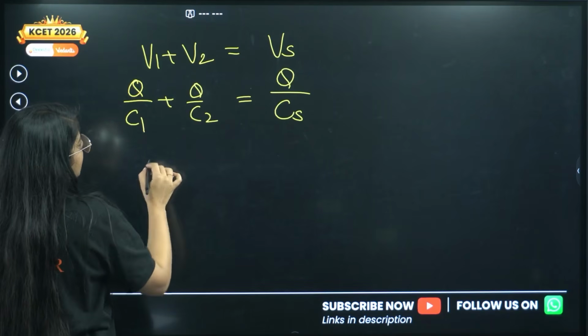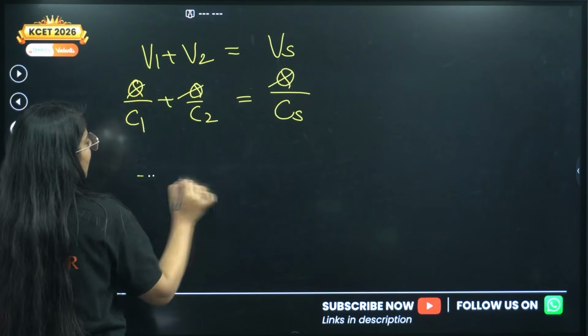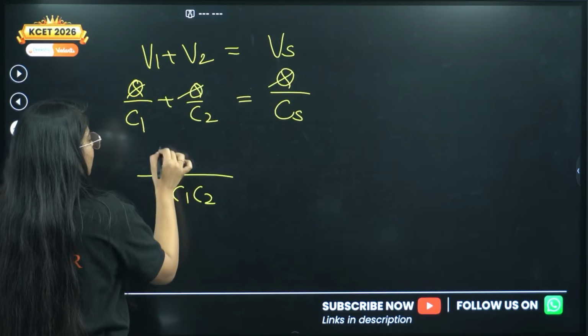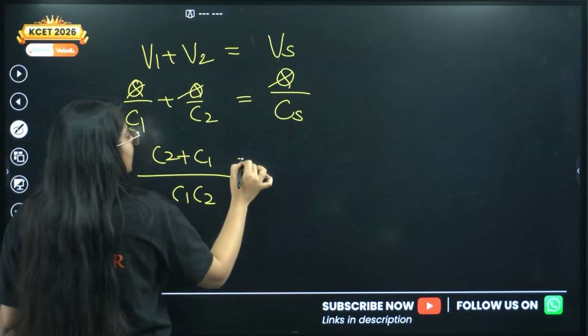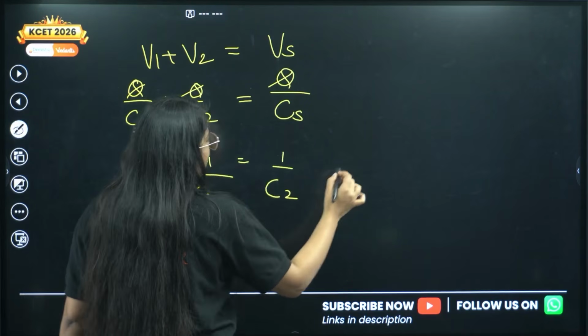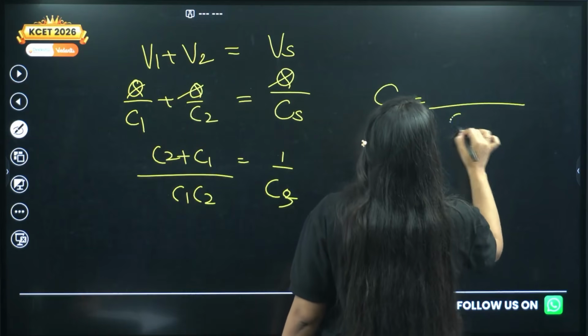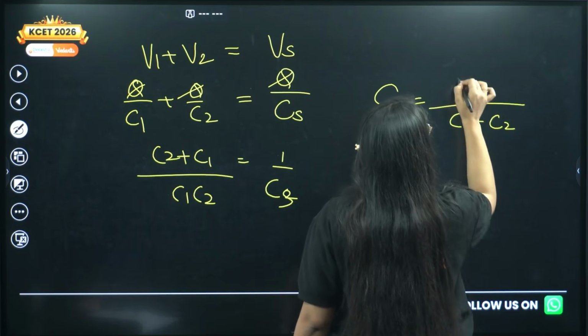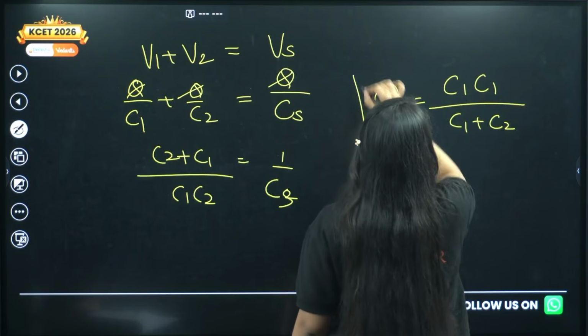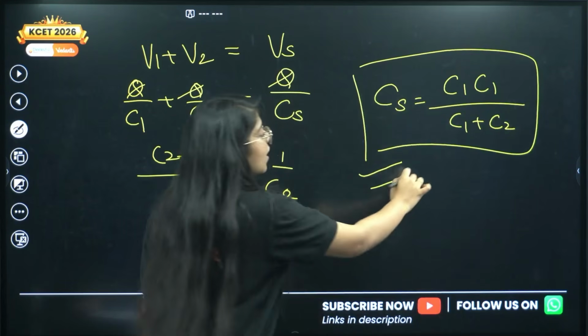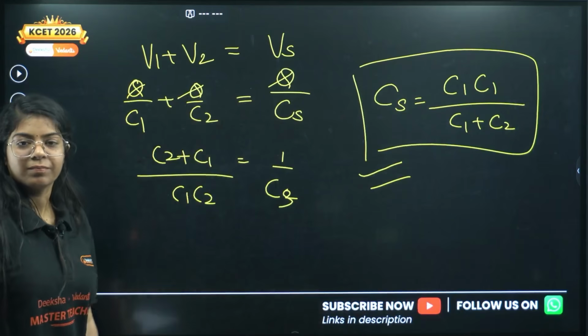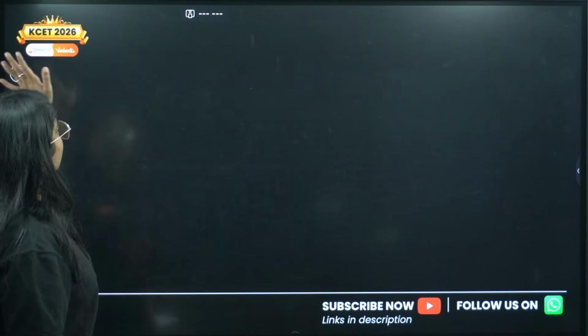So this is basically the expression. This Q will cancel out. This will be C1 plus C2 over C1 C2 equals 1 by CS. So CS will be given by C1 into C2 divided by C1 plus C2. Correct? This is the required expression. Moving on to the next question.